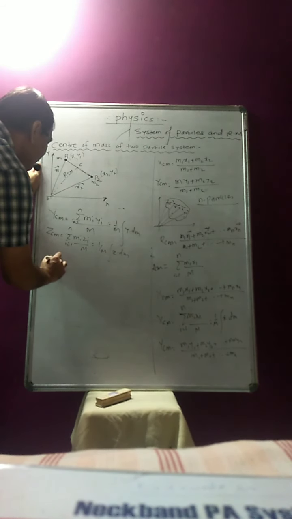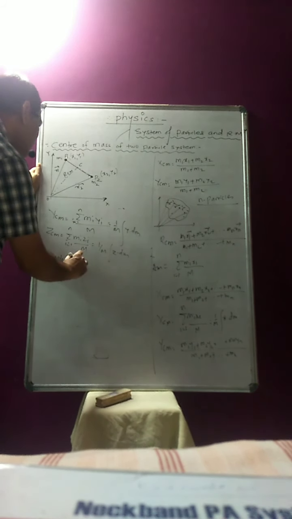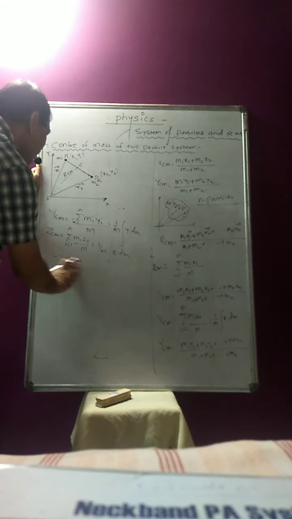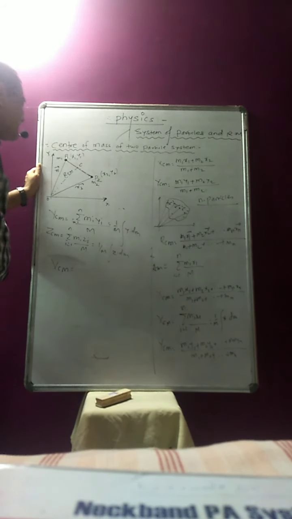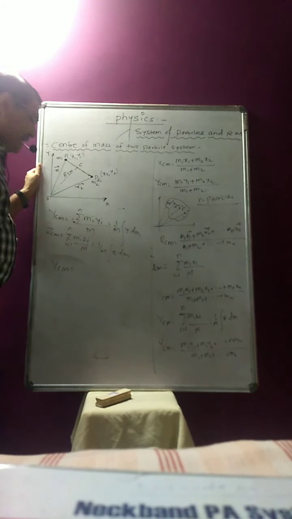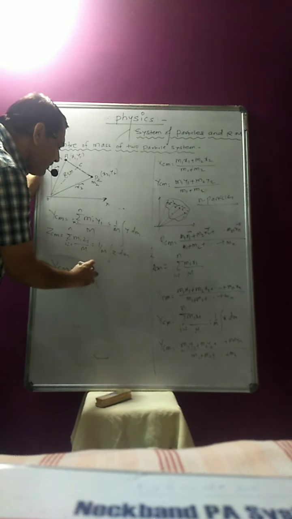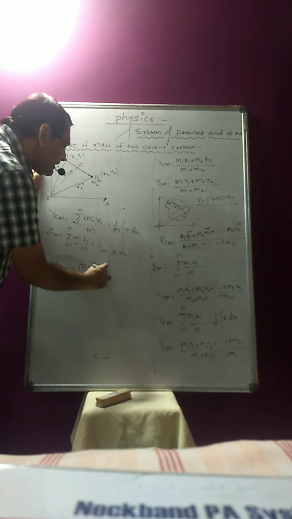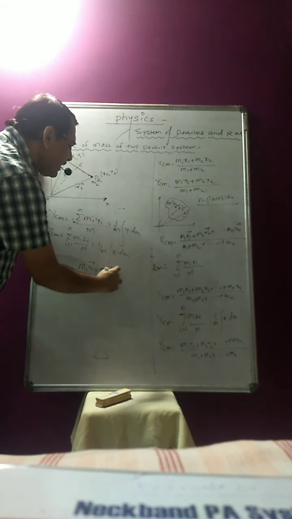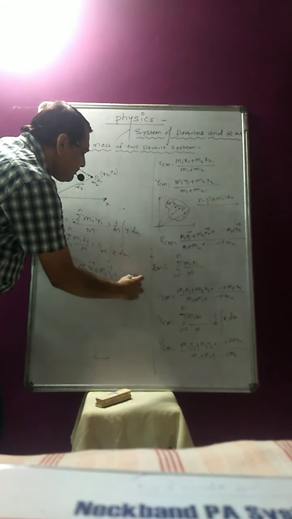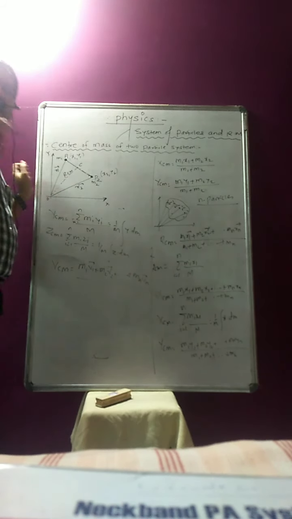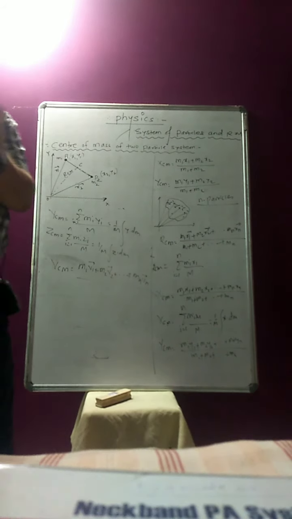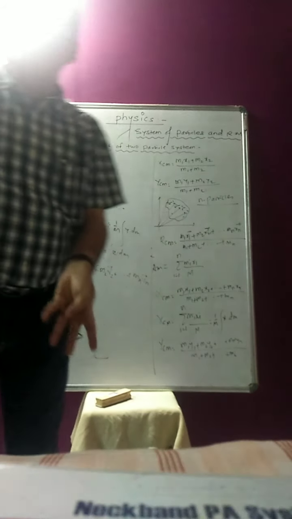How can we say the velocity of center of mass, VCM, can be written as m1 v1 bar plus m2 v2 bar up to mn vn bar, if there are n particles.